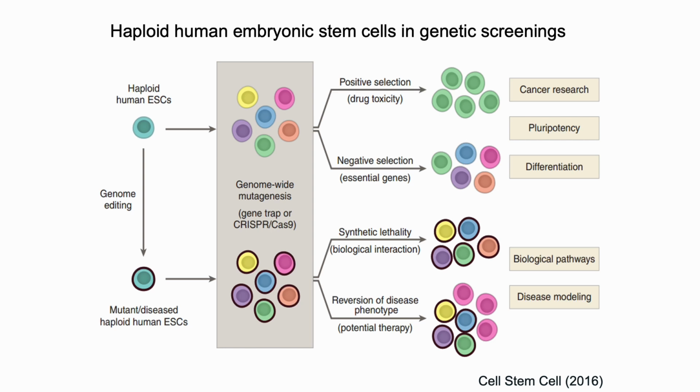So again, what we are trying to do is generate a model for a human disease in our haploid cells. And again, it's a genome-wide screening. And if the pink gene is a modifier gene, we will see that now the black circle, this is the disease, is eliminated. And that's what we are after.